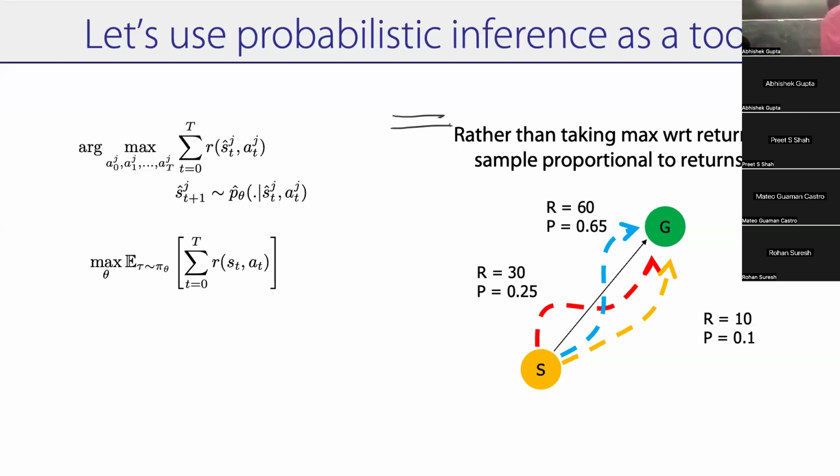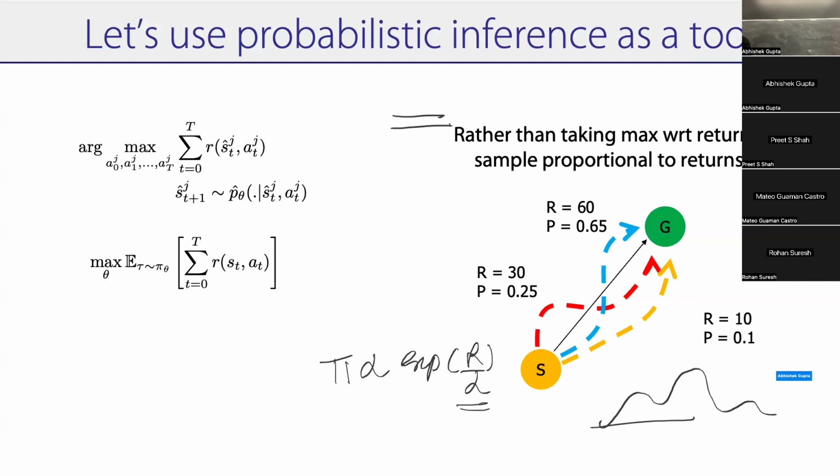And you can think of this as the policy generating things proportional to exponential reward by some temperature, right? And if you drop the temperature to be really, really small, then it becomes a max, right? If the temperature is pretty large, then you're going to maintain likelihood over many different possibilities, right? Like the highest one is going to be the highest reward, next highest reward, next highest reward.